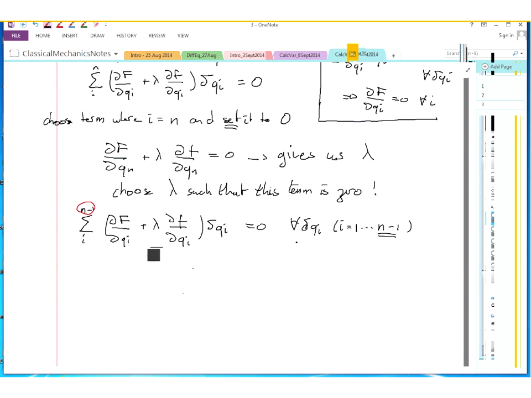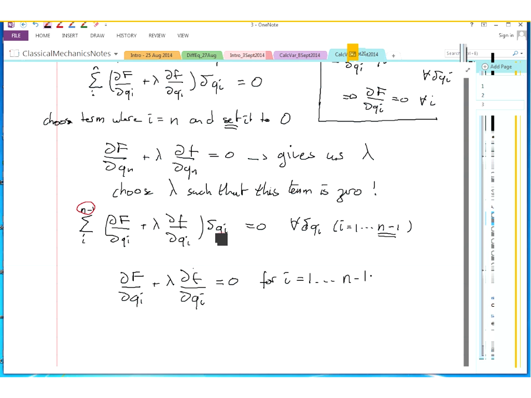That means that these terms must now be identically 0. And so now we have ∂F/∂qi plus lambda times ∂f/∂qi equals 0 for i equals 1 to n minus 1.